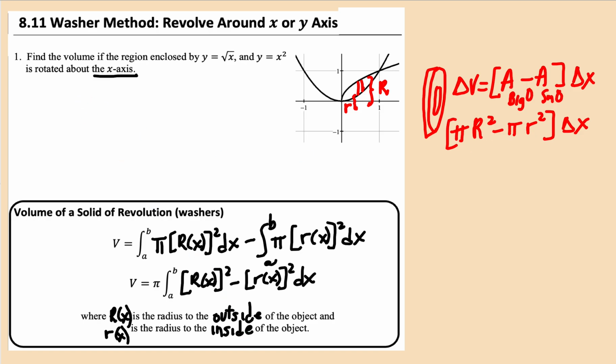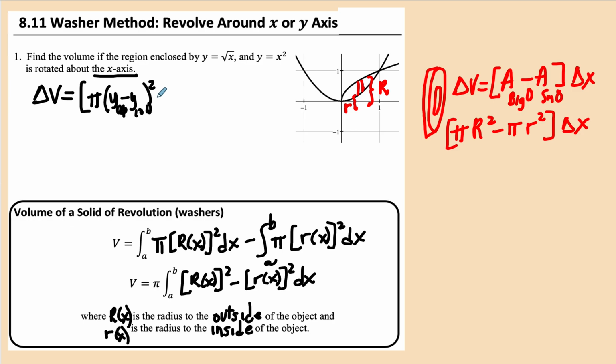All right, let's go ahead and set up the problem. So a little piece of volume will be equal to pi. I'm going to get the big circle minus the little circle. So it'll be pi, and my big radius will be y of the upper minus y of the lower, squared.